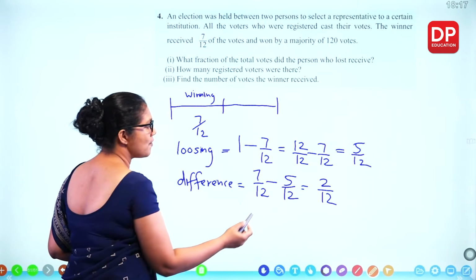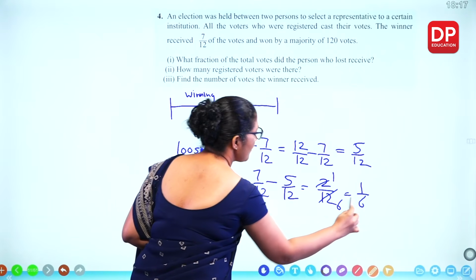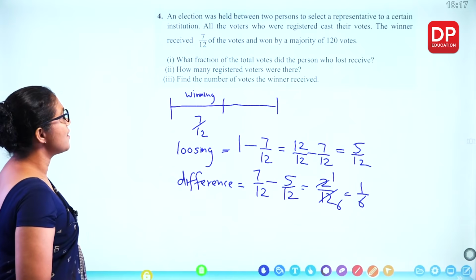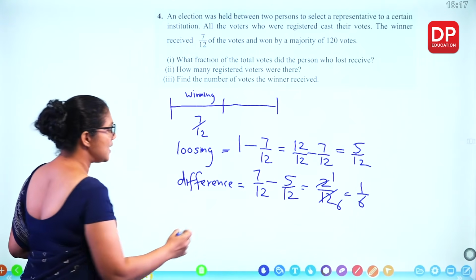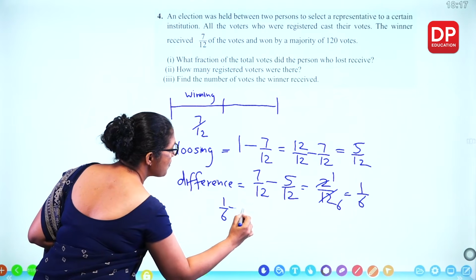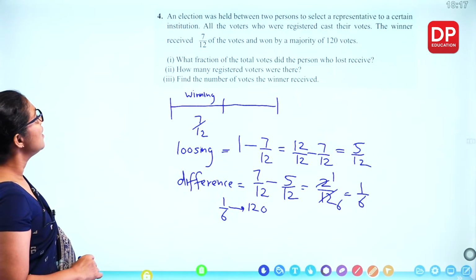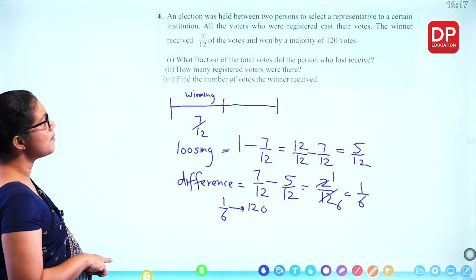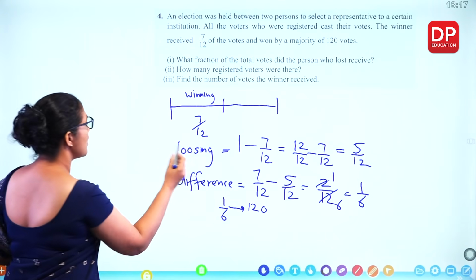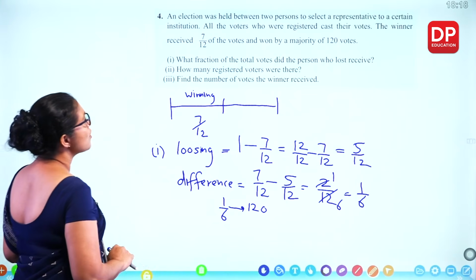When you simplify further, you get 1/6 for the difference. So the majority of 120 votes means 1/6 represents 120 votes. And what is the first question? What fraction of the total votes did the person who lost receive? So this is the first part, the losing fraction.